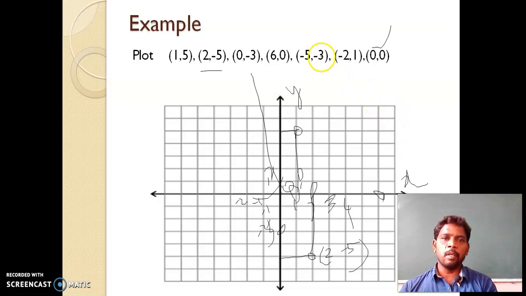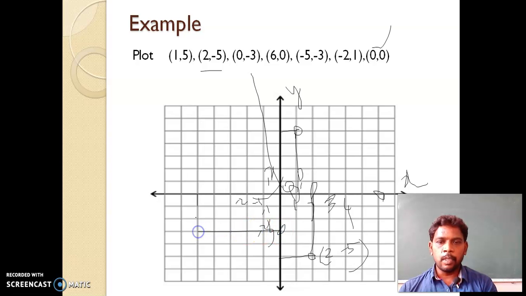And similarly, what about minus 5 comma minus 3? Both are negative values. The x value is minus 5, so here 1, 2, 3, 4, 5, from here, and up to minus 3, so minus 3 down, that is y, so here 1, 2, 3, it will come here.